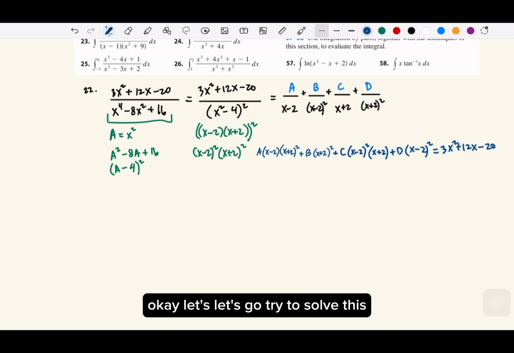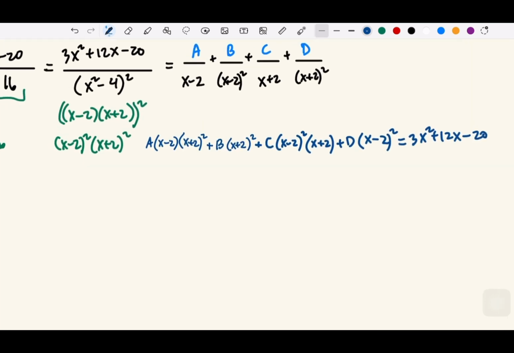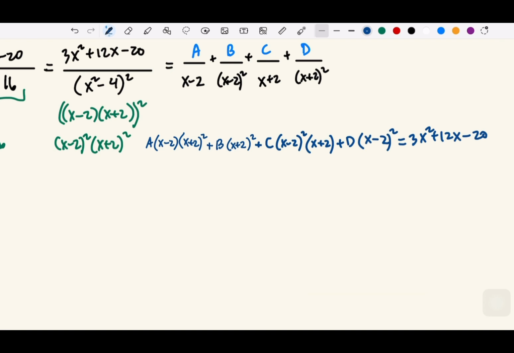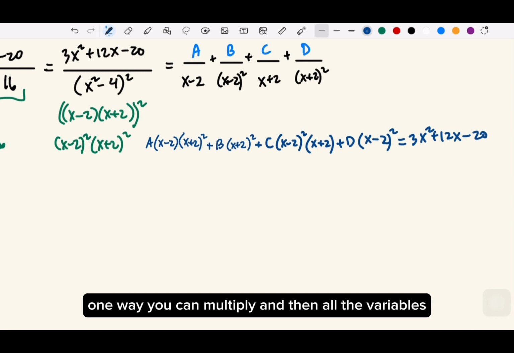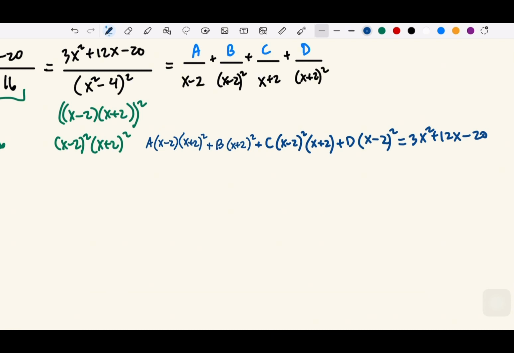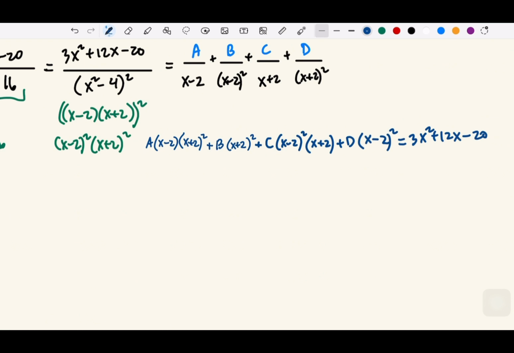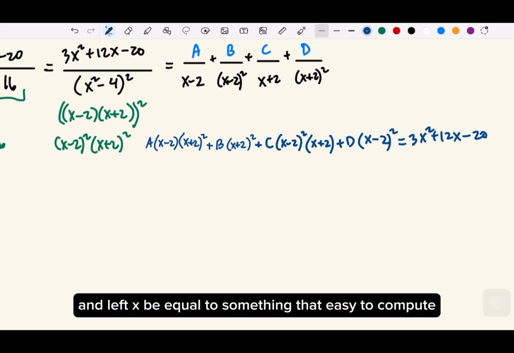Let's try to solve this. My first question: if you have this, what will you do? One way, you can multiply and then group all the variables. Another way, see this x minus 2, x plus 2, and so on. We can let x be equal to something that's easy to compute.